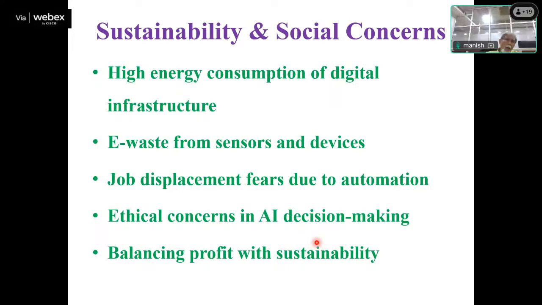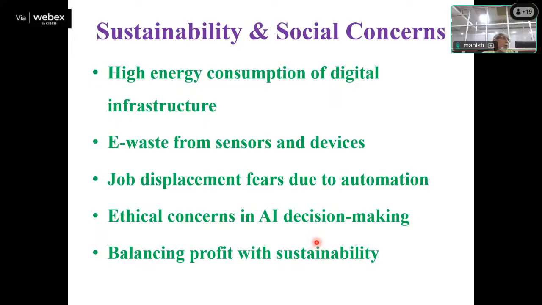Then more use of digital technology. You might be knowing that e-waste management is a very big deal nowadays. People have now become very cautious and they know it. E-waste management itself has emerged as a sector in the waste management sector. Naturally, more e-waste will be generated from the sensors and the devices.